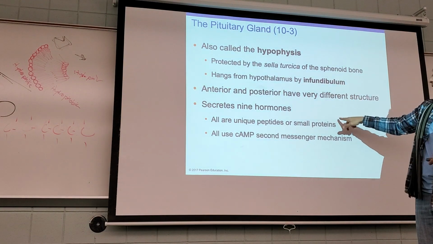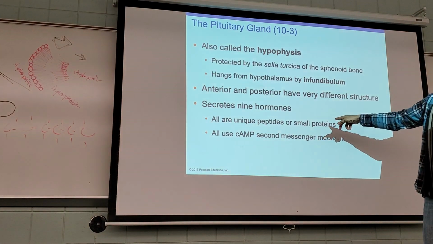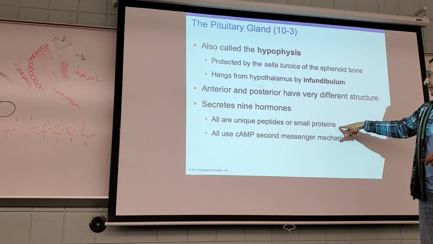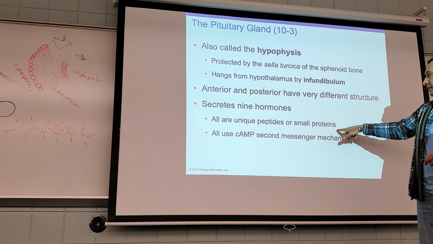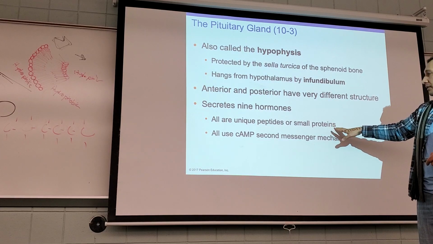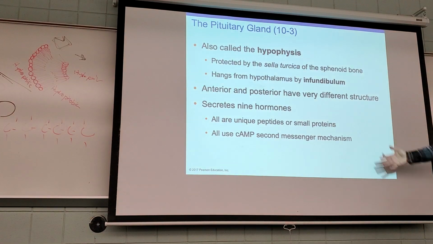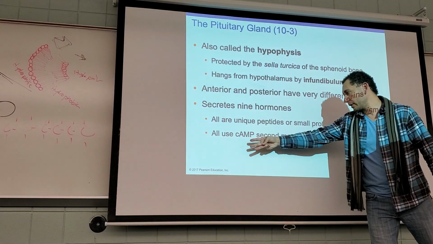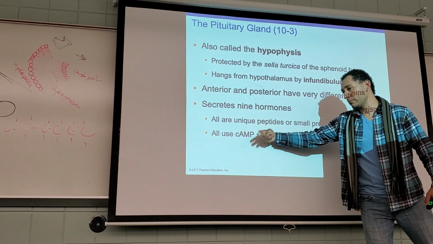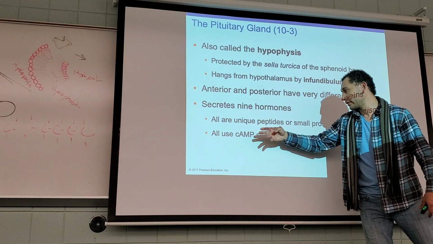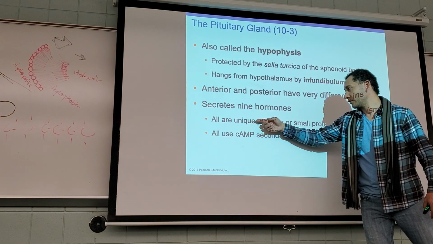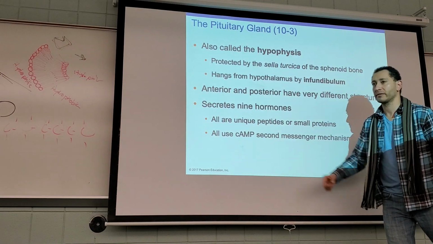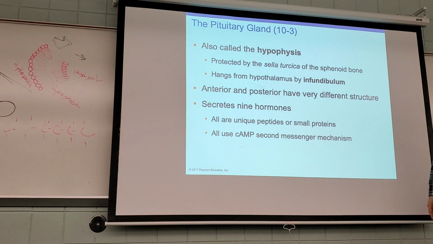The pituitary gland secretes peptides or small proteins, hydrophilic kind of stuff. They all use cyclic AMP, well, not exactly. There are three main second messengers, and these ones tend to activate cyclic AMP.